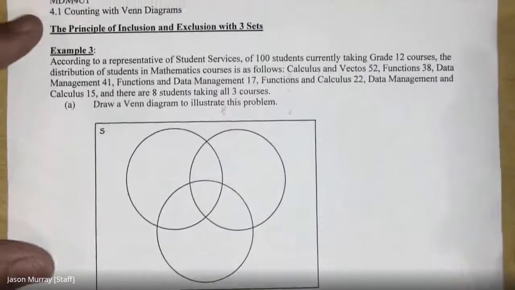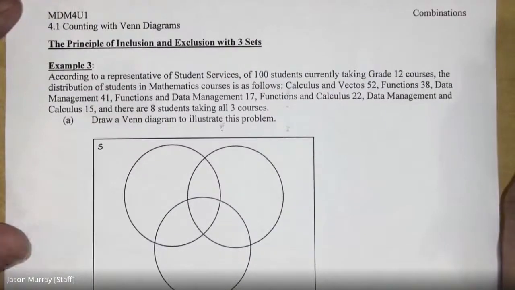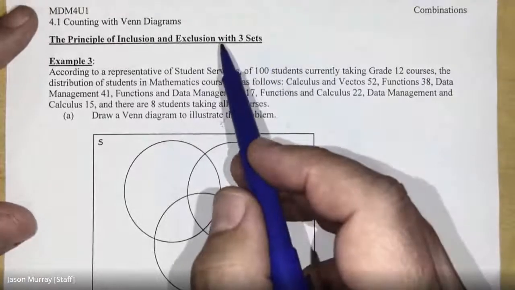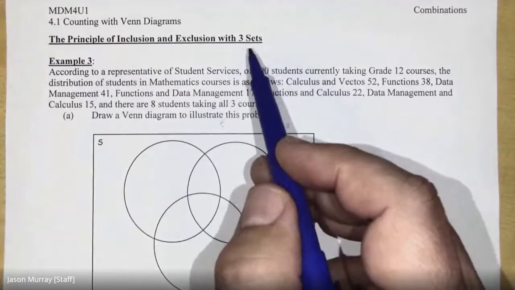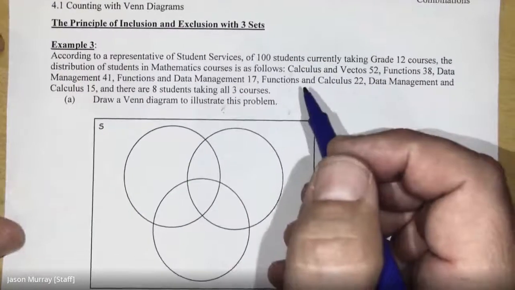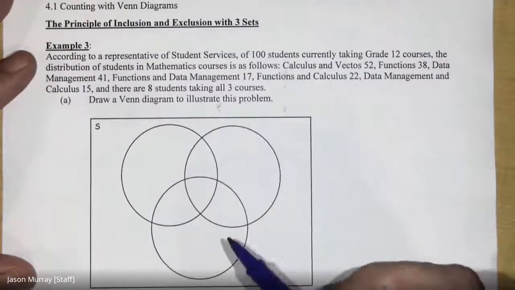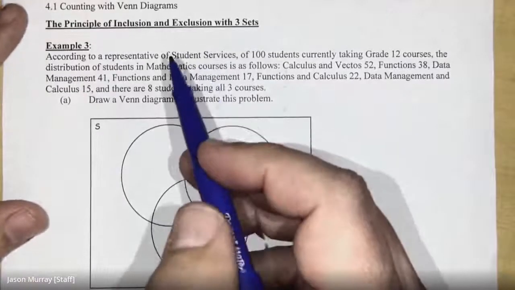We're going on to the mega question then. Counting with Venn diagrams. This is the principle of inclusion and exclusion with 3 sets now. In example 3, we have a Venn diagram shown down here with 3 sets, and we're going to use it to help solve this question.